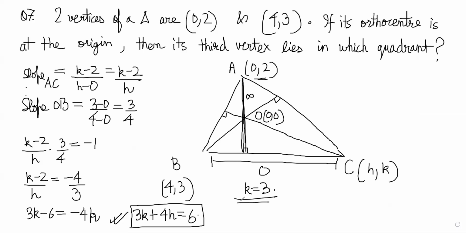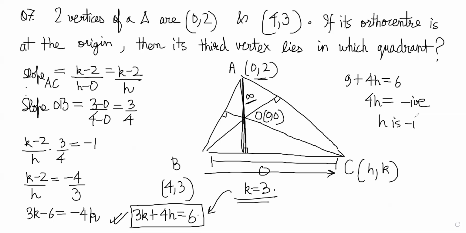And if k is equal to 3, we will get the value of h easily. Why is k equal to 3? Because this line has to be parallel to x-axis because this altitude was parallel to y-axis, since it was having infinite slope, right? And once you put k is equal to 3, you get 9 plus 4h is equal to 6. So 4h is clearly negative.